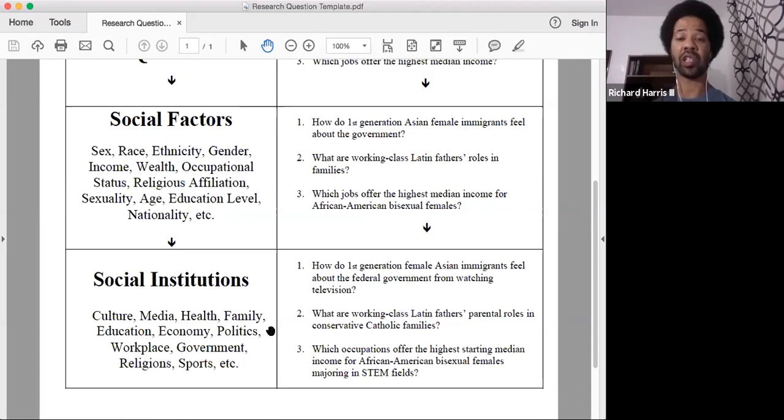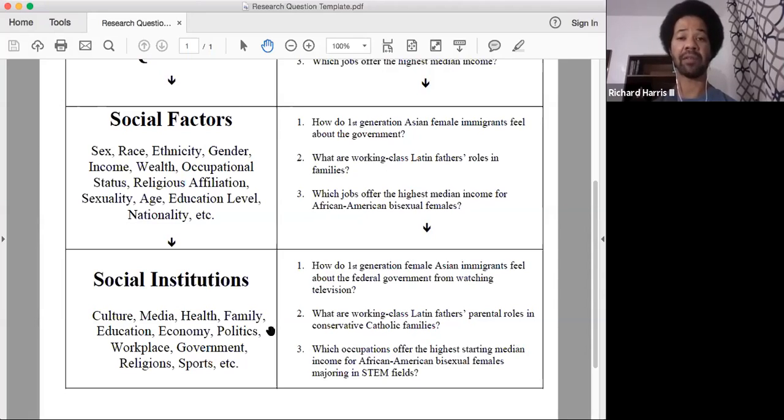Social institutions are large formations that have patterns in society. As far as our research question is concerned, this is going to specify where we are going to look for the behavior. Are we going to look for the behavior everywhere? No, not at all. Remember, think practical, be pragmatic, think about this from a scientific perspective.